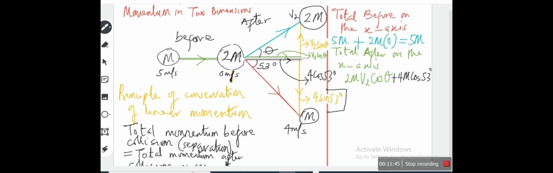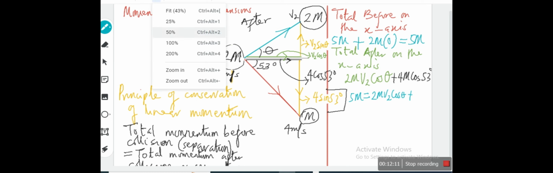Are we ready? Are you still with me? Yes. So 5m, which is total momentum before collision, is equal to all this. So let's go. 5m is equal to 2m v2 cos theta plus 4m cos 53.